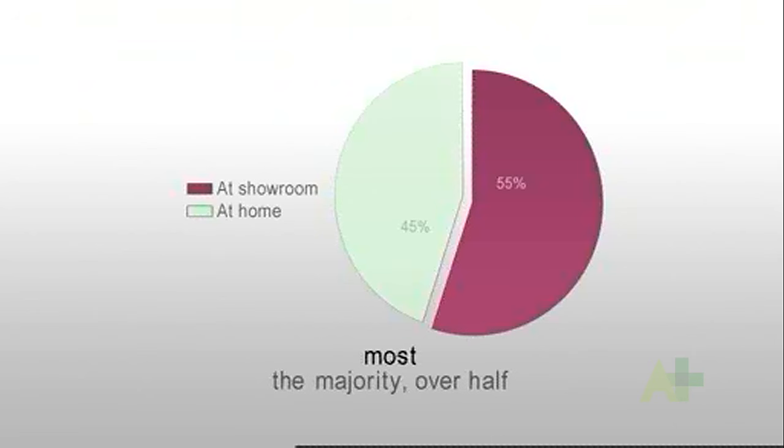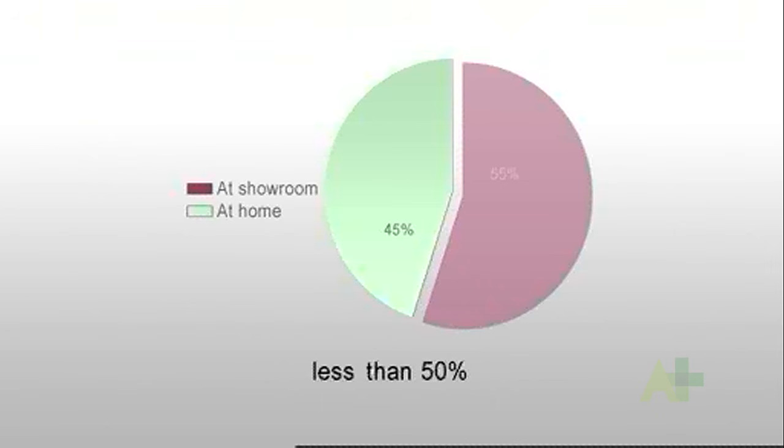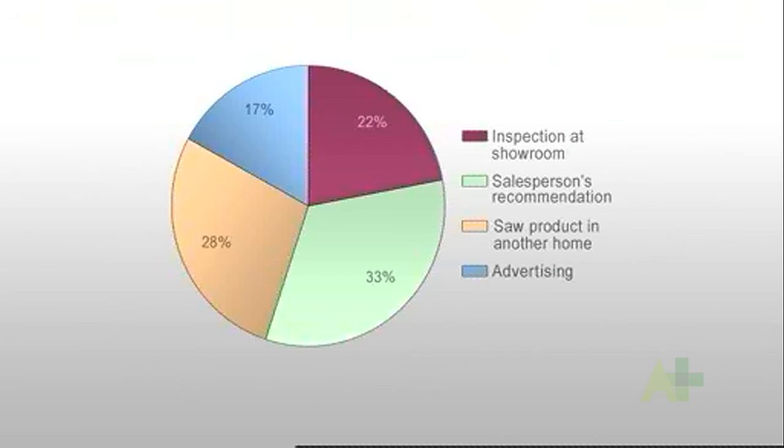To describe people deciding at home, which is less than 50%, we could say a minority or less than half. Looking at the reasons for decisions, we are comparing 4 groups of people. We can use descriptive words such as many, some, a few. And we can say the greatest number or the highest percentage.